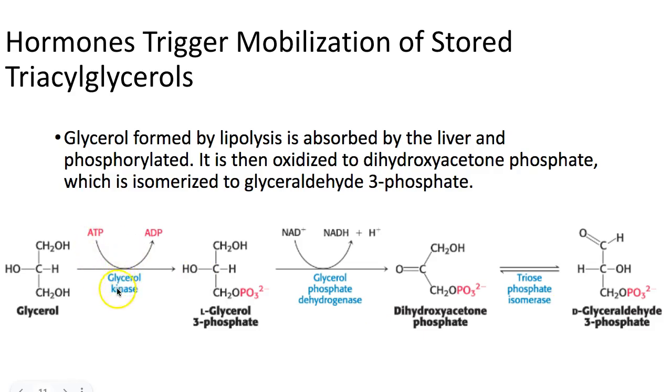That is happening right here, where you have this glycerol kinase, where it gets phosphorylated by an ATP dependent enzymatic activity to form L-glycerol 3 phosphate, and then from there goes to glycerol phosphate dehydrogenase to produce dihydroxyacetone phosphate, and then goes through another enzyme activity of the triose phosphate isomerase, and then produces D-glyceraldehyde 3 phosphate, which should be very familiar because this was all part of the glycolysis that was shown last semester during biochemistry part 1.